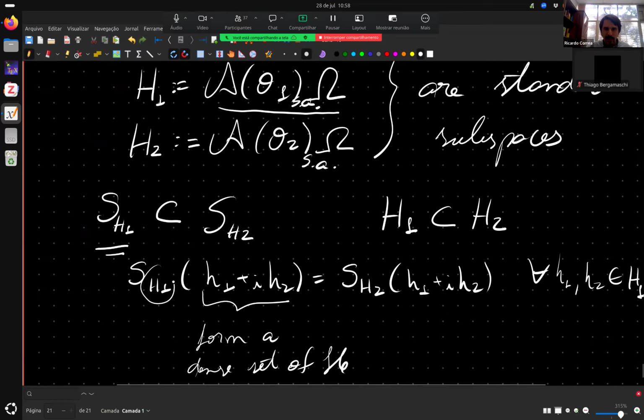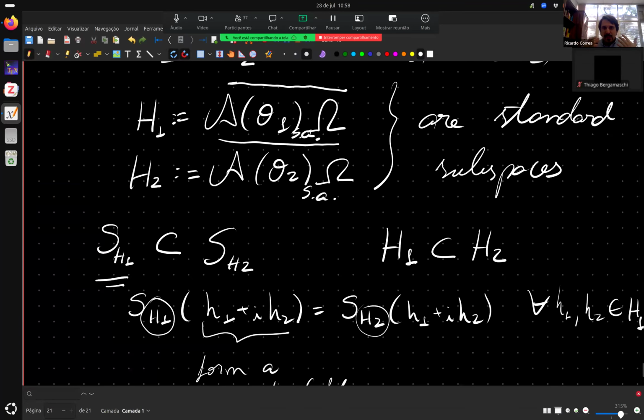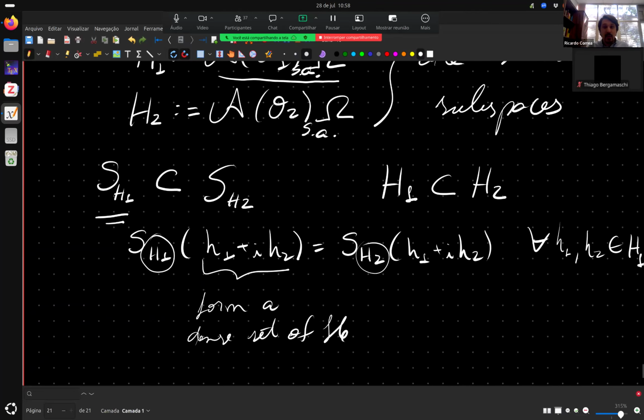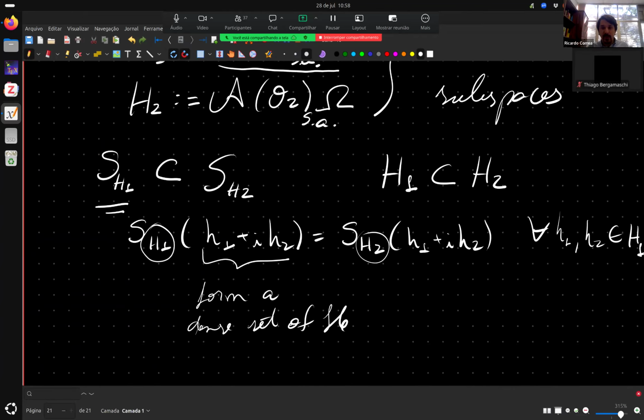And since H1 and H2 are not the same, I don't expect the operators to be the same. They are standard subspaces associated with two different regions. Later, we are going to see that, in fact, these two operators cannot coincide unless something strange is going on. Coinciding on a dense set does not mean that the two operators coincide or the closures coincide, and definitely not that you can boundedly extend these two operators.